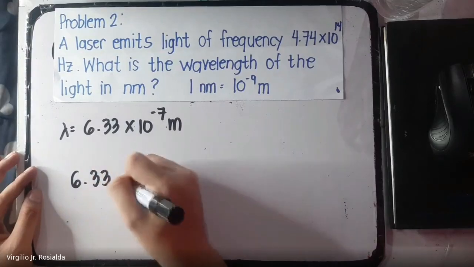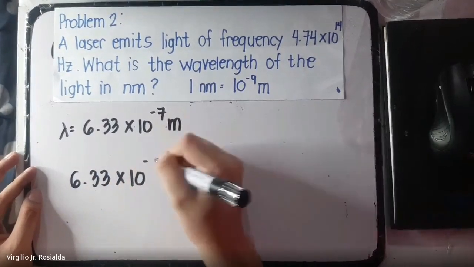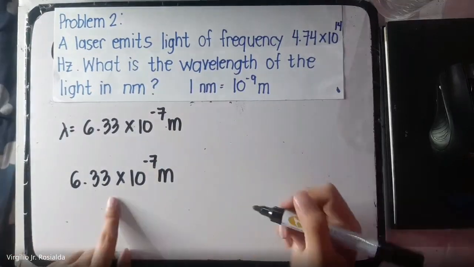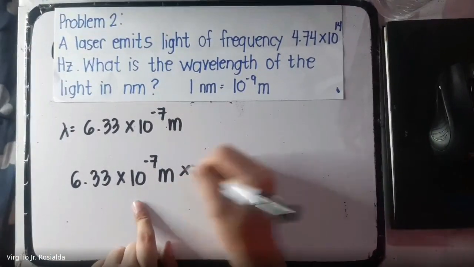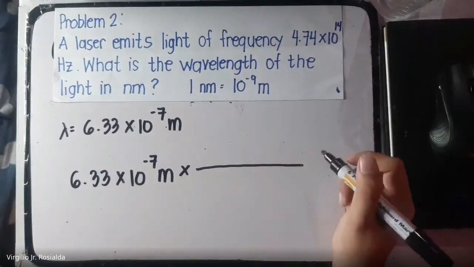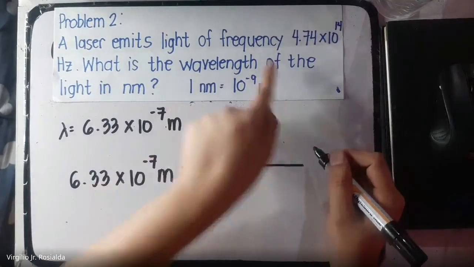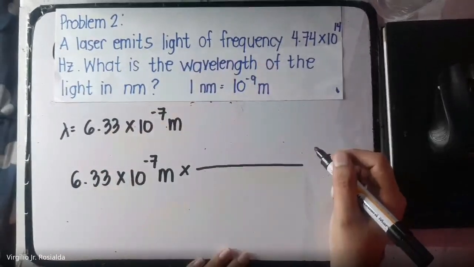6.33 times 10 raised to negative 7 meters. Copy lang. Multiply and then line. Okay, we're going to use this conversion factor. Paano?